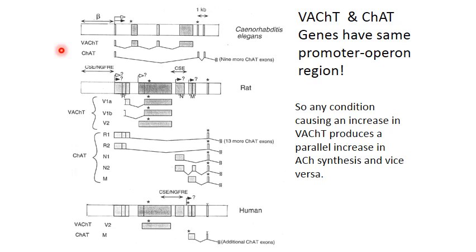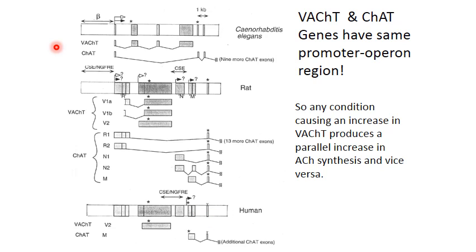They found that both genes were expressed under the same upstream regulatory piece of DNA, the same promoter operator region, or the same operon, if I have that correct. Not only that, this was true in C. elegans, as well as in rat, and as well as in the human genome.